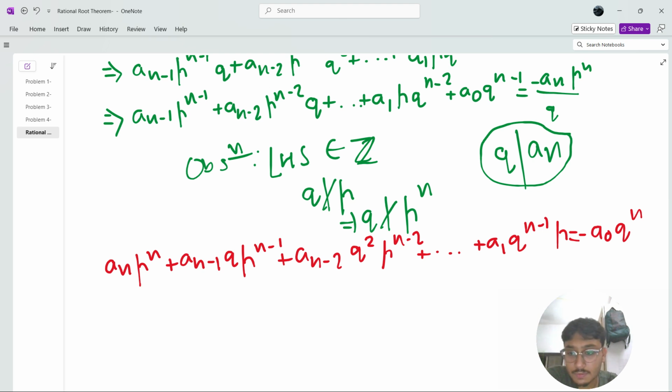Okay, yep. So now what I can do is take one p from the LHS and divide it in the RHS. How?